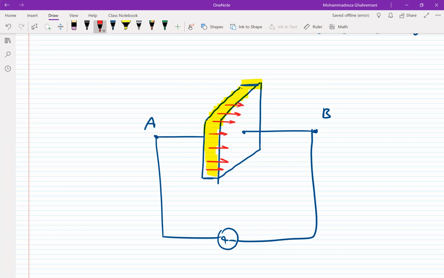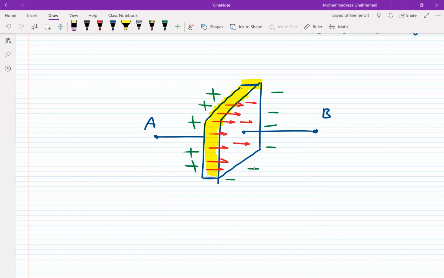Positive charge will collect on one plate, and negative charge on the other plate. Now, if we disconnect the capacitor from the circuit, the capacitor stores positive and negative charge between these two plates in the form of electrical field.